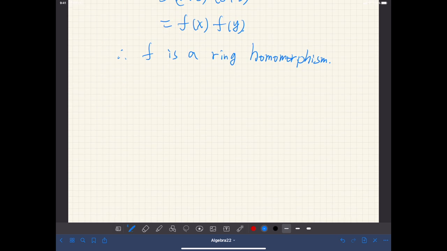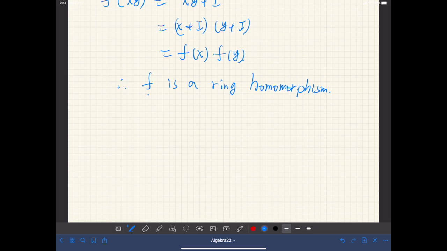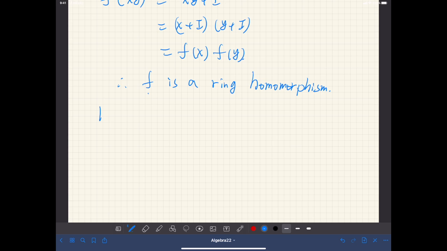And finally, we need to show the kernel of this homomorphism is the ideal I itself. The kernel of f is defined to be those elements of R that are mapped to the identity element. Identity means additive identity, so that means zero, so 0 plus I in this case.